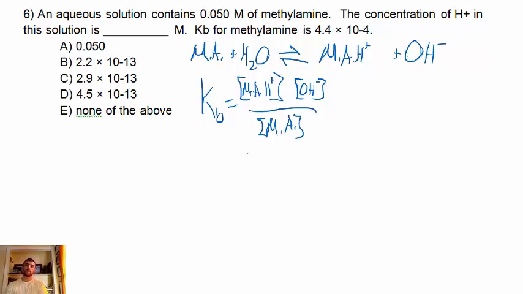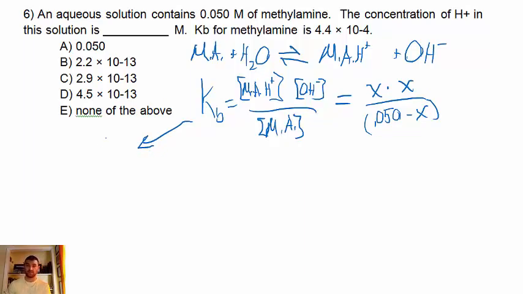All right, I'm going to quickly skip the ICE box step and just say I'm going to make X amount of conjugate acid and X amount of OH minus, and it's all going to be over the amount that I started with minus the amount that got used up. So now I'm going to combine like terms and distribute. I'm going to get it into the ax squared plus bx plus c format, which is just some algebra, right? It's just algebra.